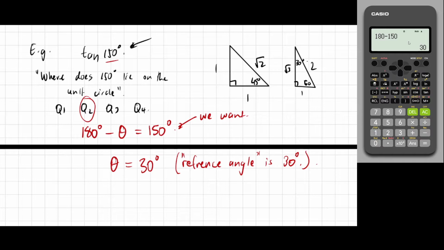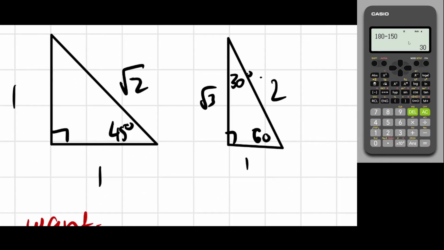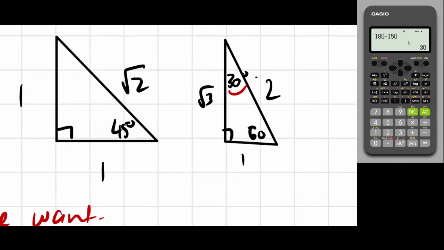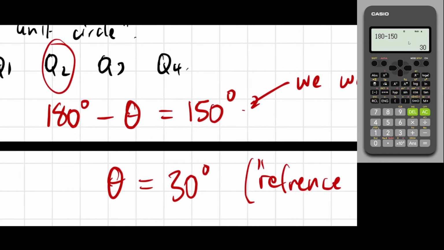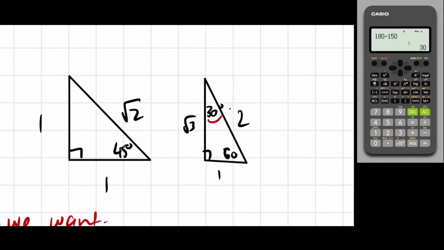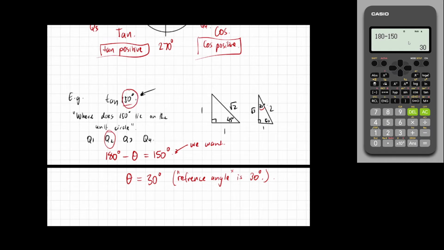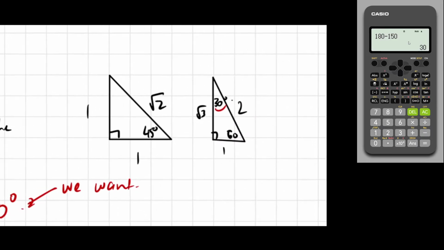So let's go and look for 30 degrees in our triangles, okay? 30 degrees is up here, okay? And we're doing the tan one, I believe, for this question. We're doing tan, okay? So I don't care at what angle this is right now. I'm looking for 30 degrees. I'm looking for this reference angle, okay?